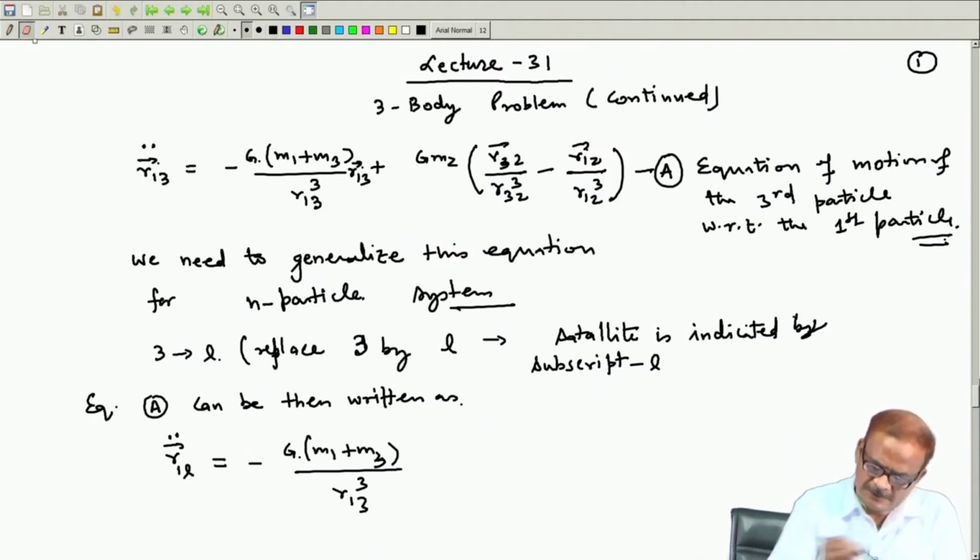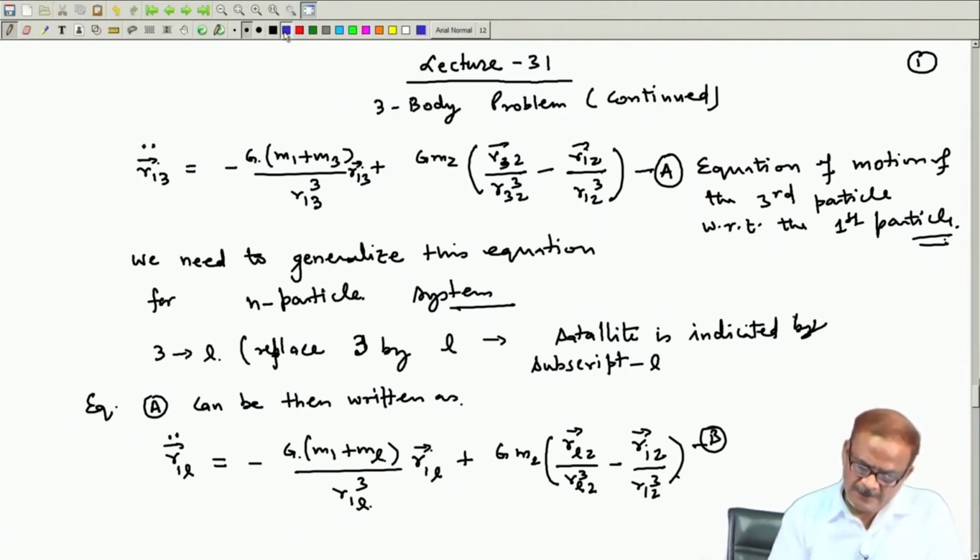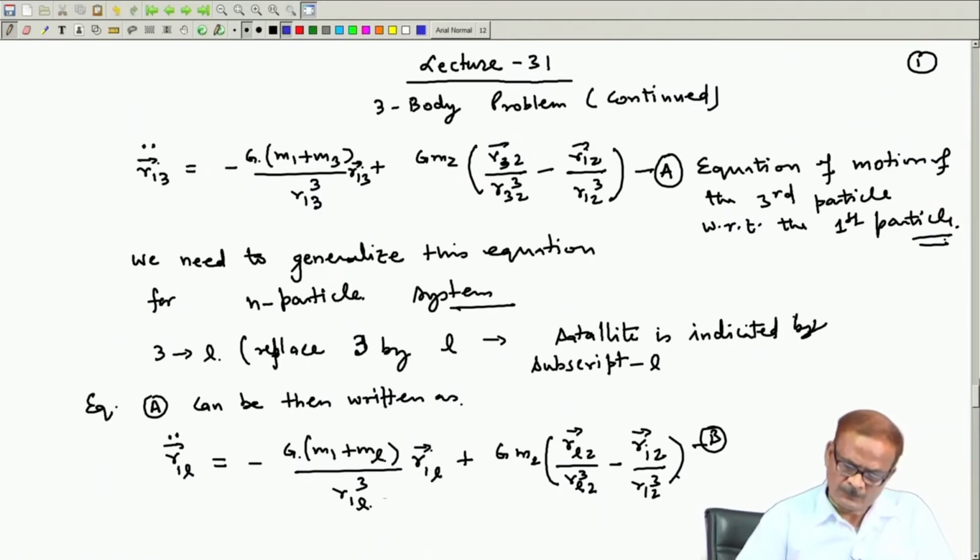Here we are replacing 3 by L, and therefore we replace this by L here, and this 3 also we need to replace by L. So, in this case we have just replaced the satellite by the subscript L everywhere.